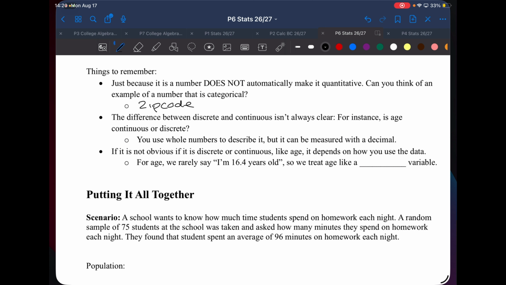So when we see age, we want to make sure we treat it like a discrete variable, because people can say, sure, 16.4. But if you have to think of a normal conversation, you're meeting someone for the very first time, you are not going to go up to them and say, I'm 16.4 years old. They're probably not going to talk to you again. They're like, okay, you're a little strange.